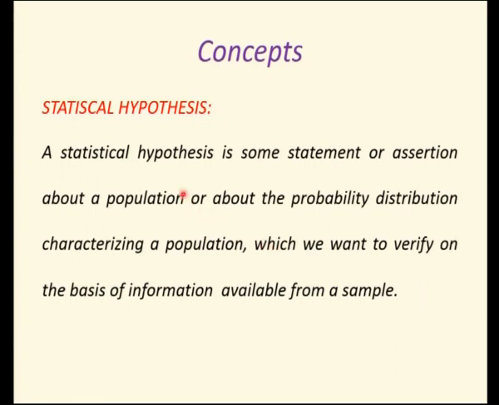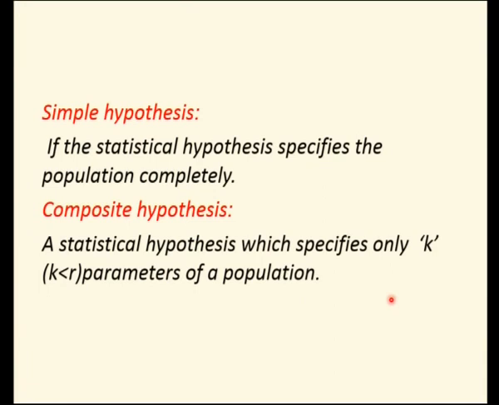A statistical hypothesis is some statement or assertion about a population or about the probability distribution characterizing a population which we want to verify on the basis of the information available from the sample. So, in general, statistical hypothesis is some statement which we want to verify. Under statistical hypothesis there are 2 types, namely simple hypothesis and composite hypothesis.